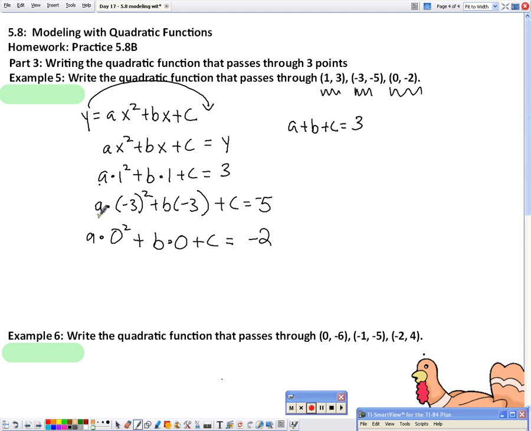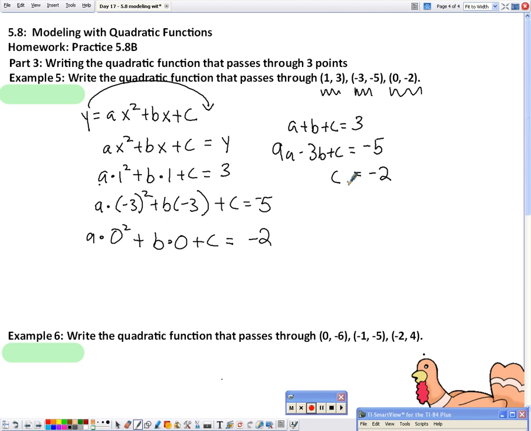So I have a plus b plus c. And then I have 9a minus 3b plus c. And then I've got 0a, 0b plus c. Now obviously c is negative 2. That one's kind of nice. It works out that way. But if you don't have one that goes directly to c equals something, then you're going to have a problem.